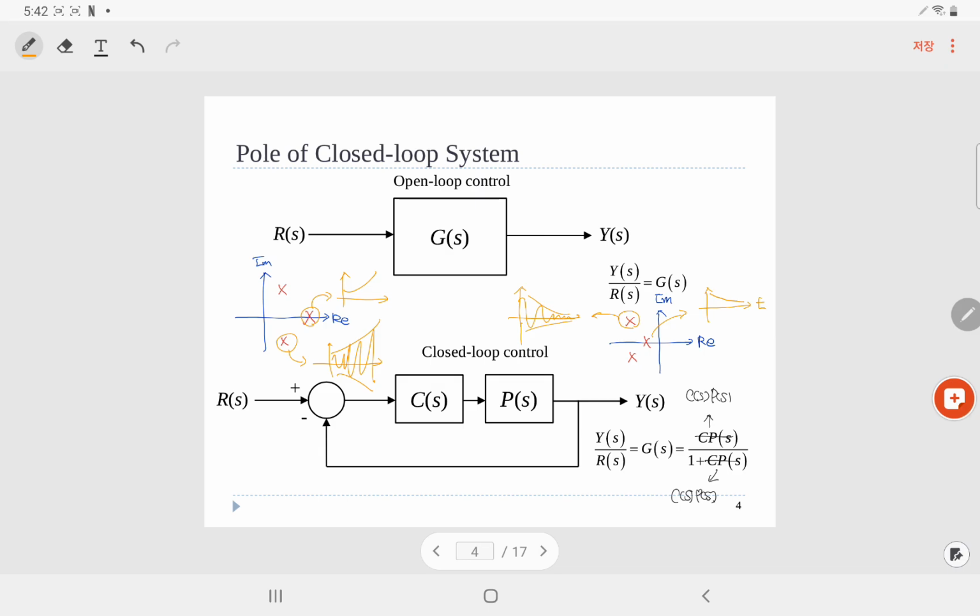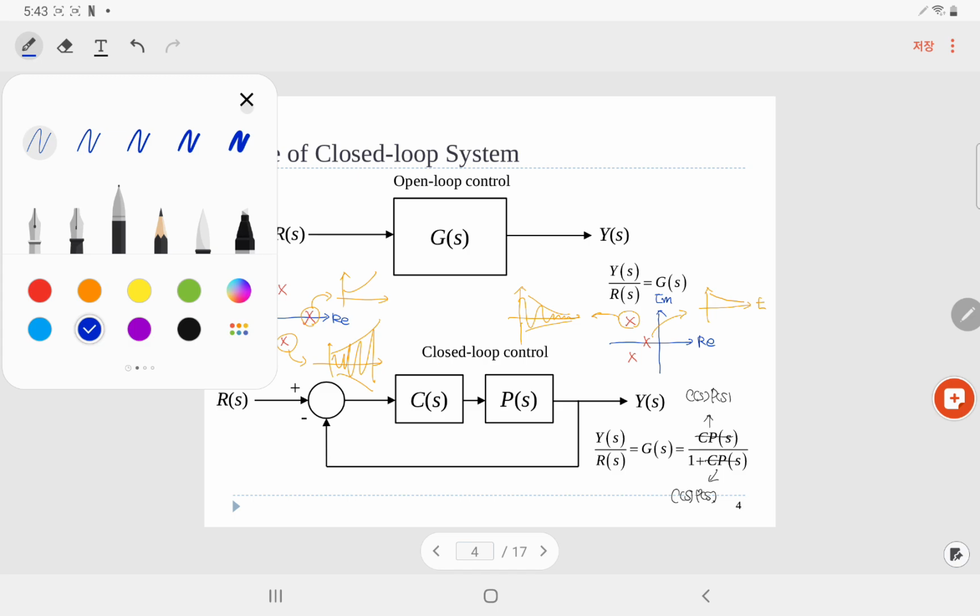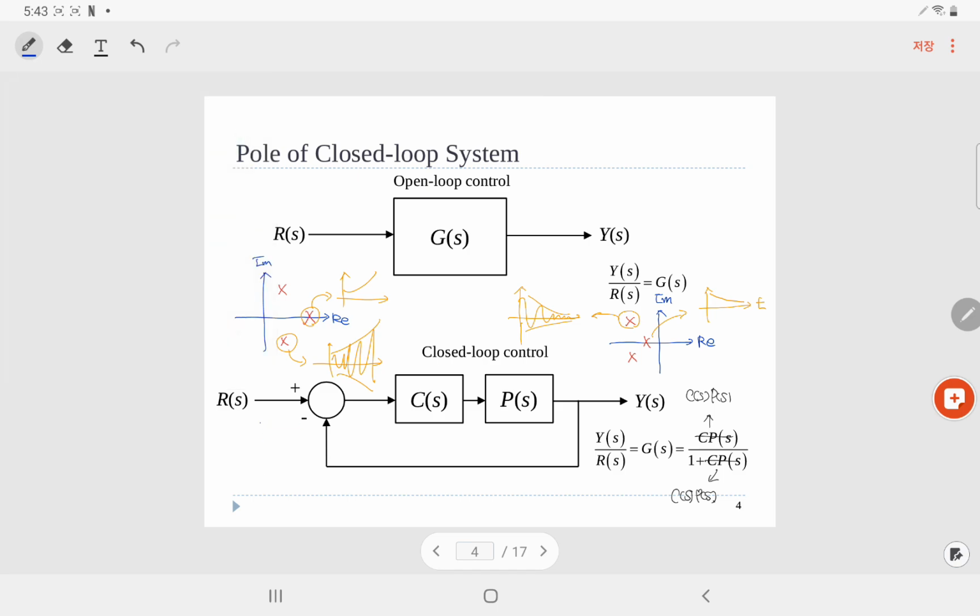The case of poles of multiplicity greater than 1 on the imaginary axis. I'll draw such a case. Real axis and imaginary axis.